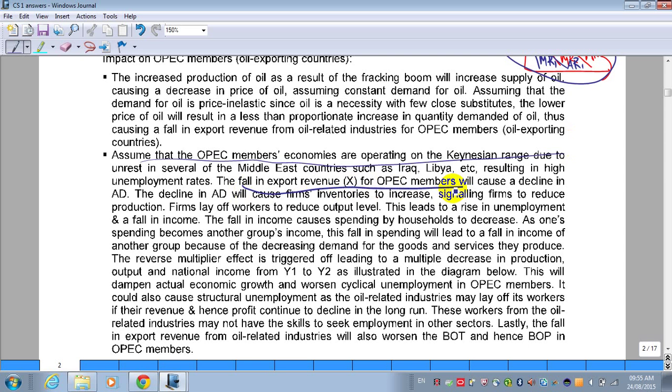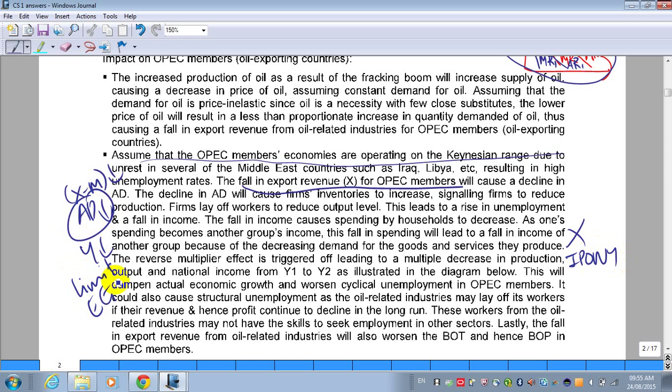Therefore, when X falls, X minus M falls, and then AD falls. I don't need you to do the iPony thing because I don't think that you have time. You just need to tell me that the AD falls, the real national income falls, and therefore this would limit EG. I think all these things are important.